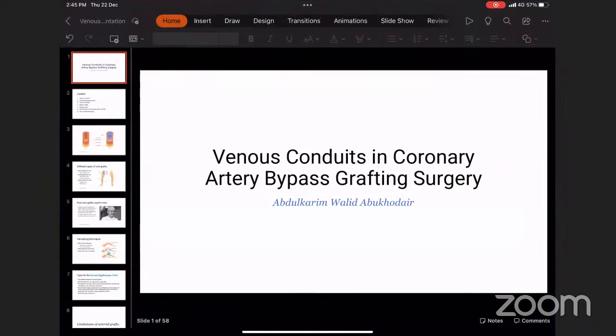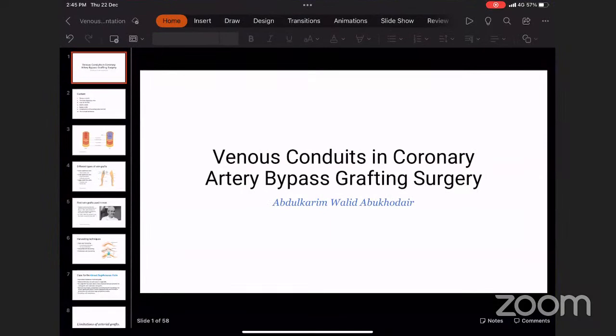Okay, in summary, why is the arterial conduit better than venous? As I mentioned in the presentation, whether we talk about survival rate or adverse events, all are less present with the arterial conduit than the venous. The first article was the pulmonary artery graft at 10-year survival.